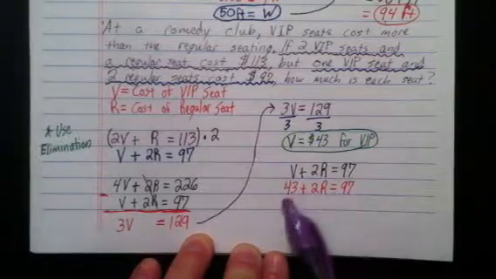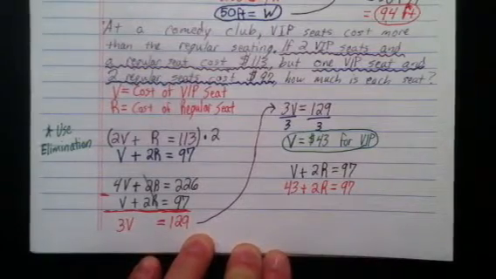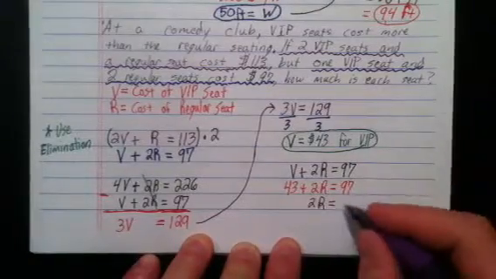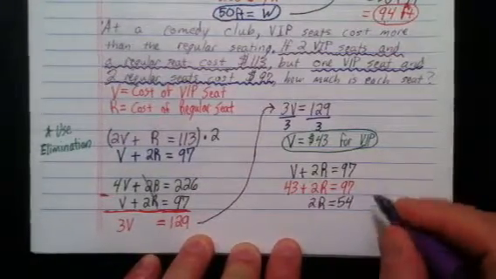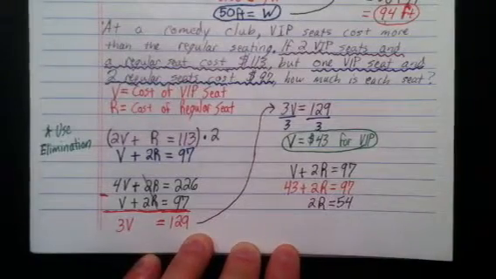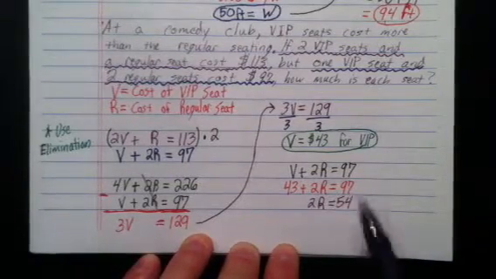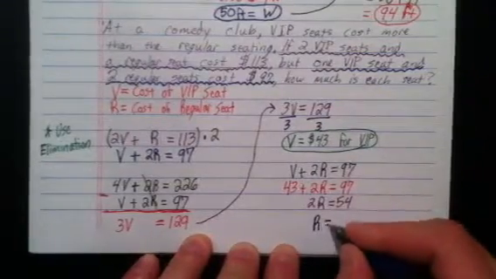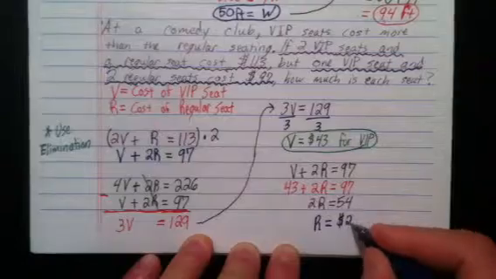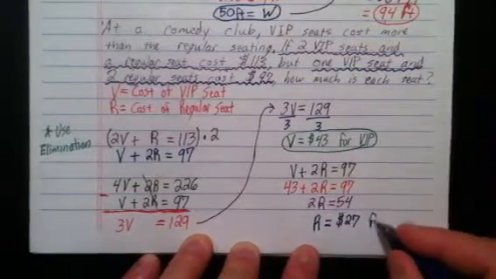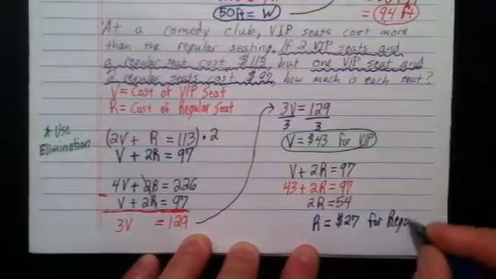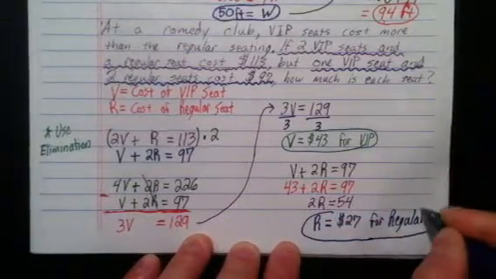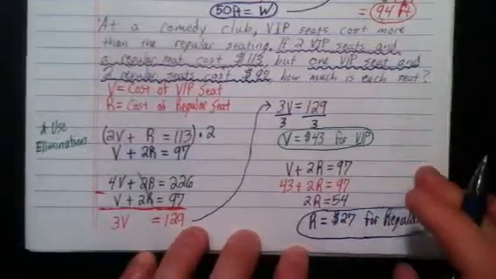We would then want to subtract 43 from both sides, giving us that 2R equals 54. So if 2 regular tickets would cost $54, dividing that by 2 on both sides, we get that a single regular ticket would cost $27. And there's the second part of our solution.